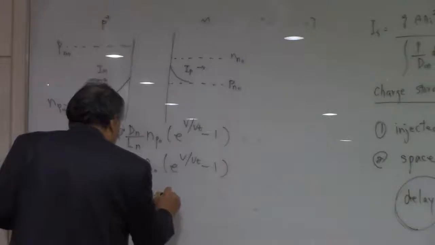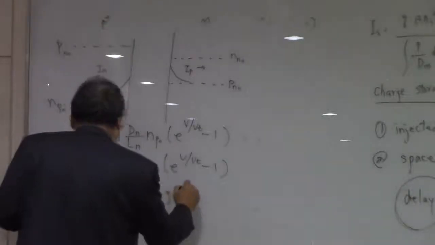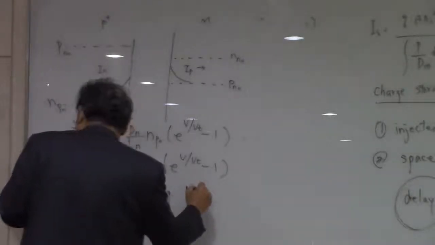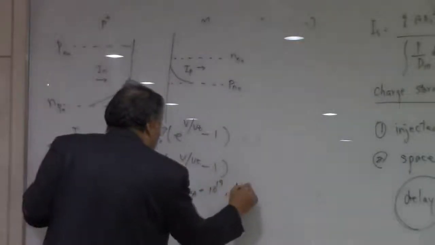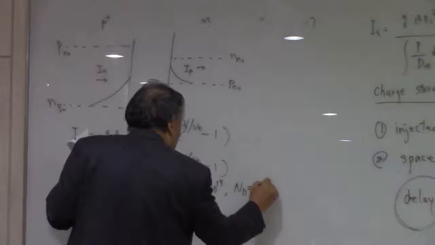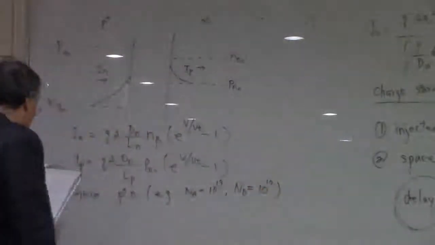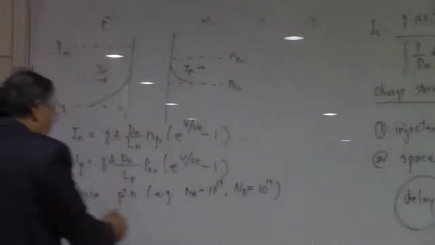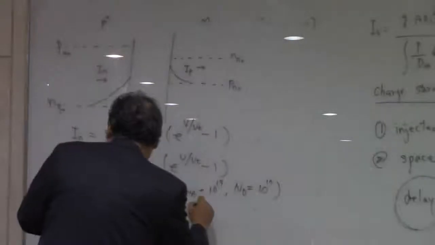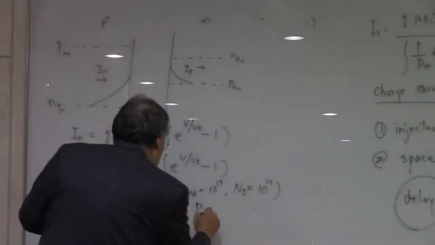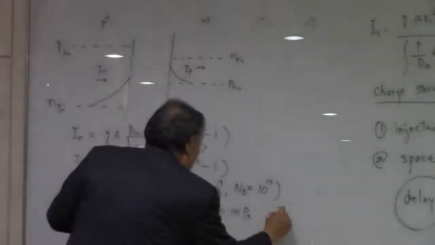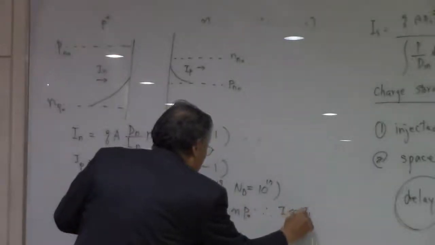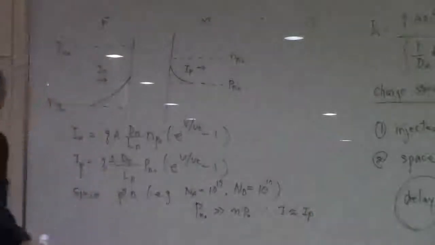This is a typical number: Na in the emitter is 10 to the 19th, while the base may be 10 to the 17th. So 1/100th of them. And this means Pn naught is greater than Np naught. So IE is almost the same as IP. Okay.